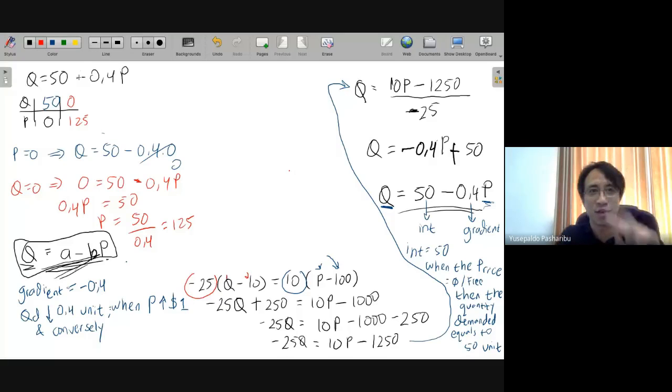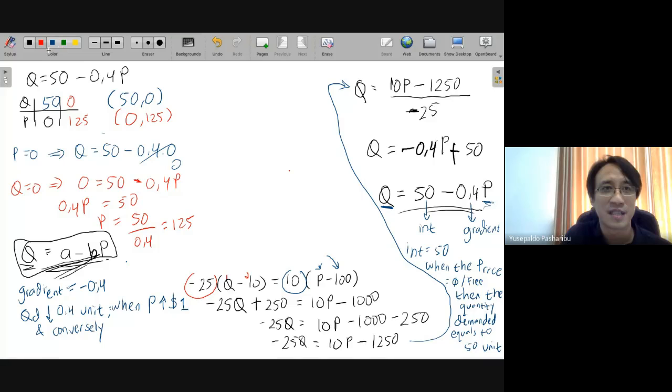So we have two coordinates. The first coordinate I type in the blue color, 50, 0, and then the second one is 0, 125.